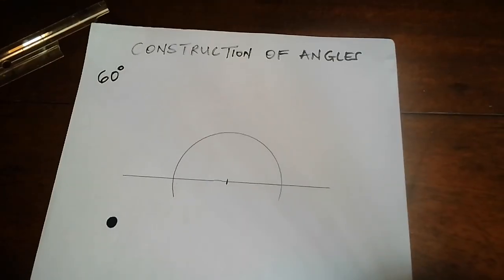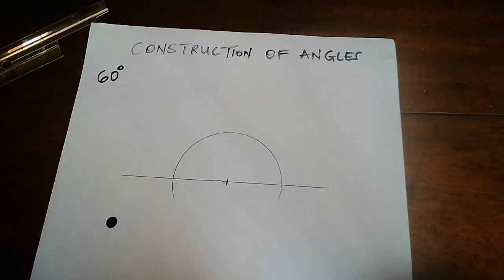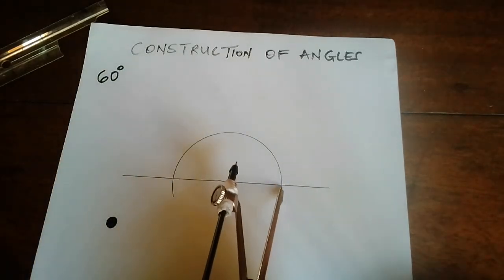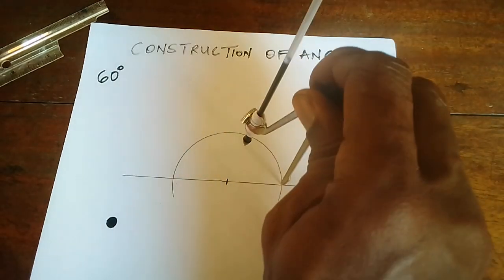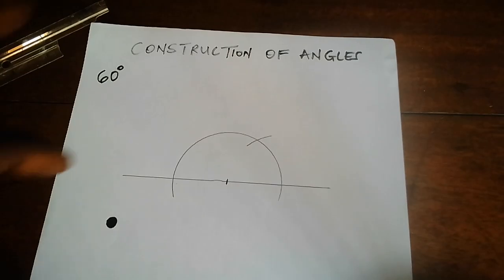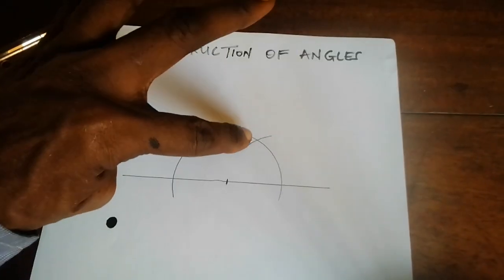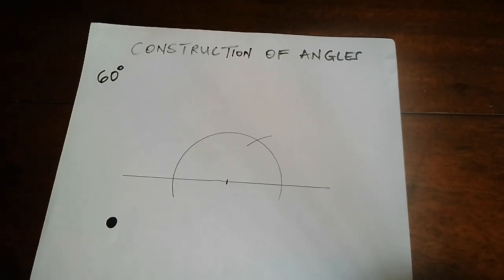When you draw this semicircle, now without extending your compass, place the pin of your compass at this point of intersection. You then strike an arc on the semicircle you have drawn. You can see, the point of intersection of these curves, you now join together with the center.